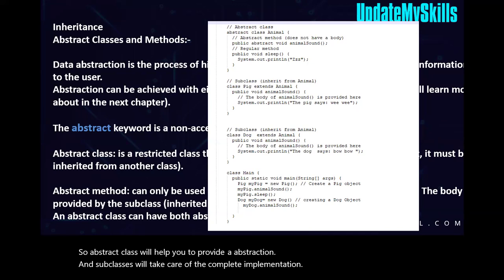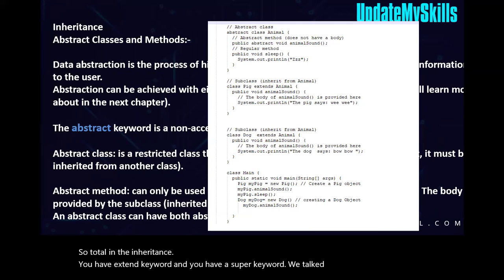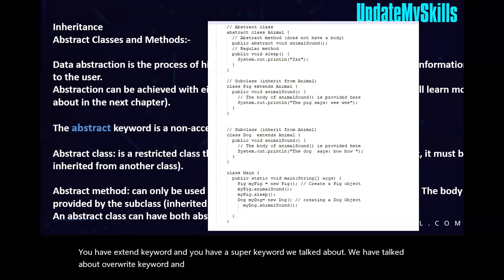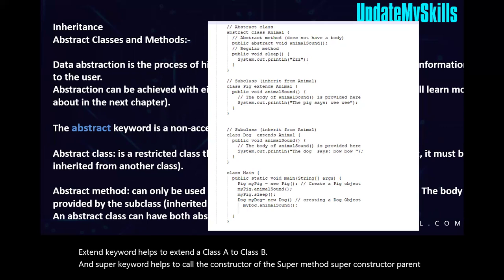So in total, in inheritance, you have the extends keyword and the super keyword we talked about. We have talked about the override keyword and the abstract keyword. The extends keyword helps to extend class A to class B. The super keyword helps to call the constructor of the super class, the parent class constructor.